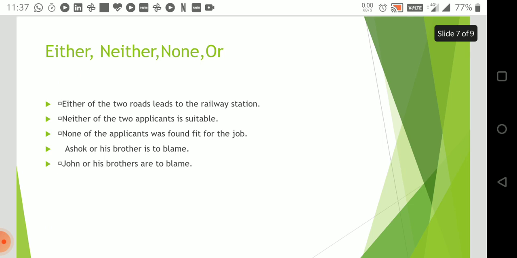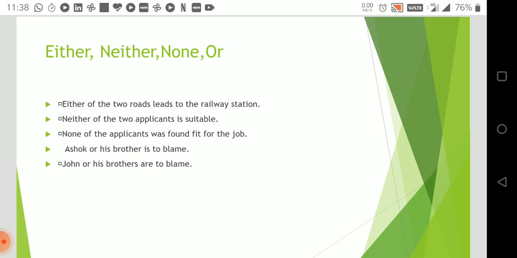Furthermore, whenever there is a sentence which begins with neither or either, the verb used will always be singular. For example, if we consider either of the two roads leads to Rome. Even though roads is plural, the very fact that we have either mentioned in the beginning of the sentence, the verb used will always be singular.